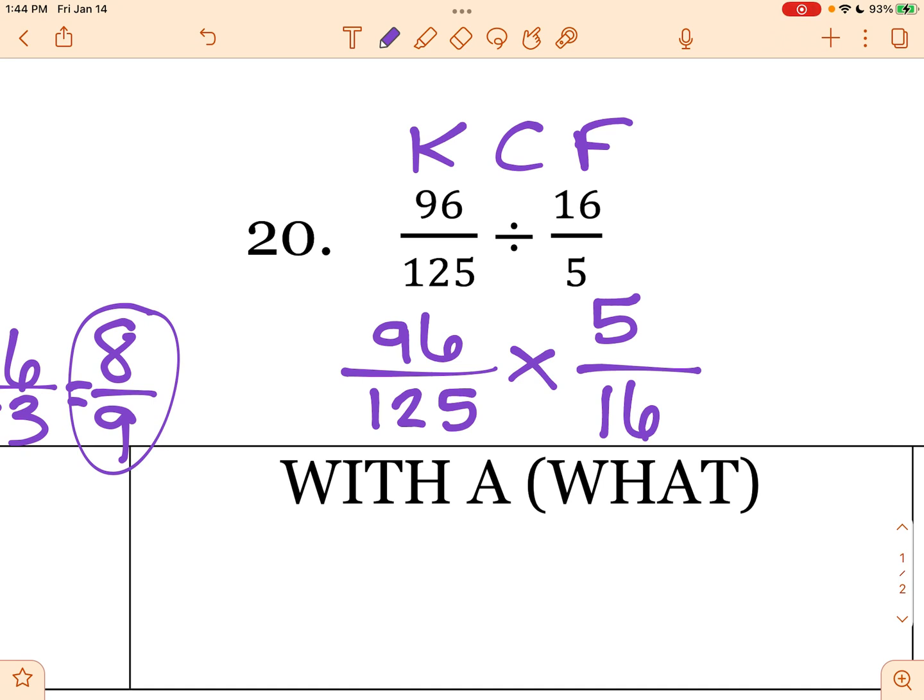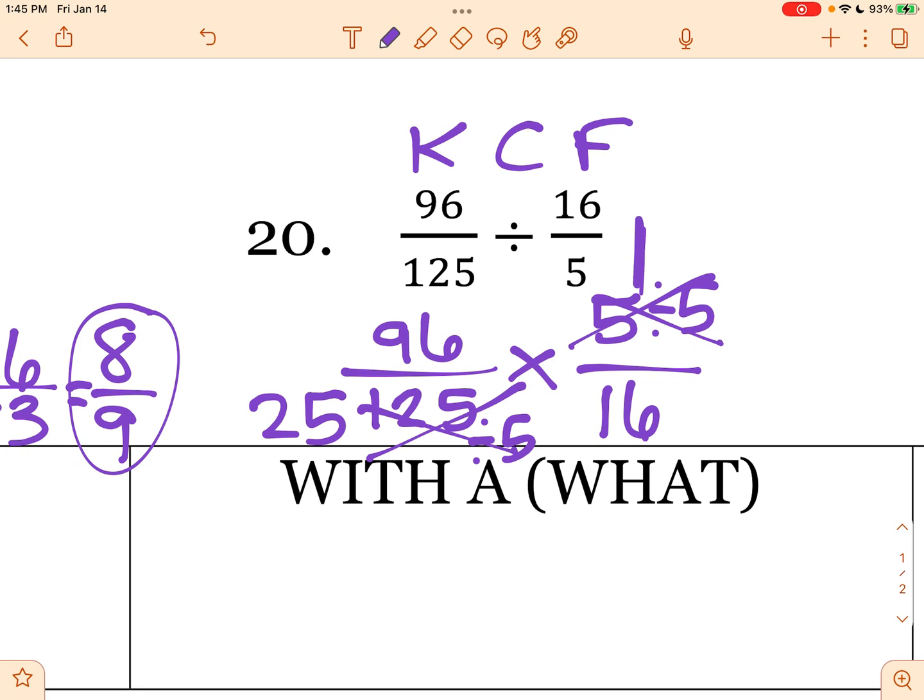Alright, next we need to simplify first before we multiply. So 5 and 125, we could divide both of those numbers by 5. 5 divided by 5 gives us 1. 125 divided by 5 gives us 25. And we could divide 96 and 16 by the same number.